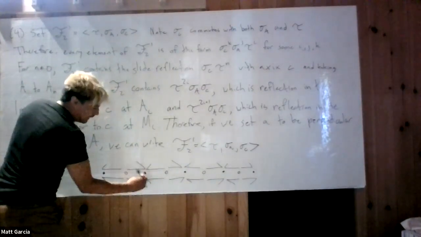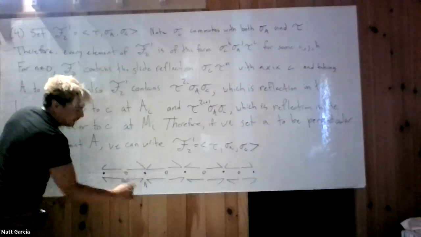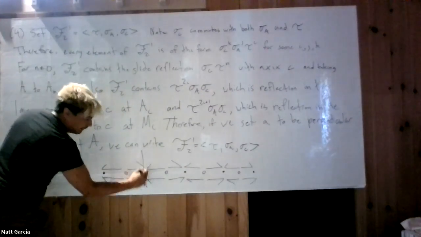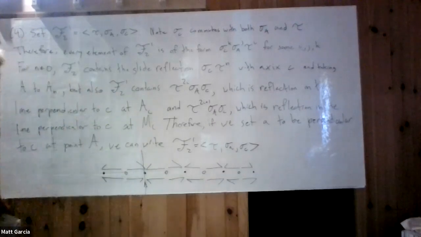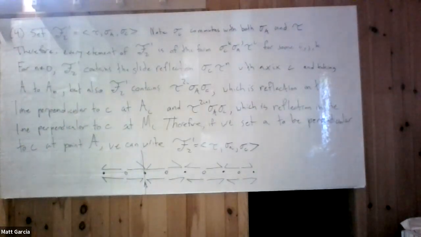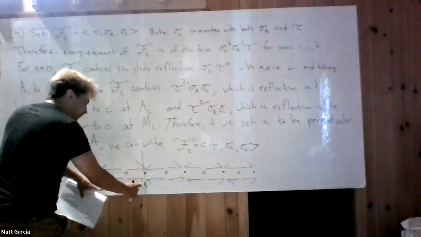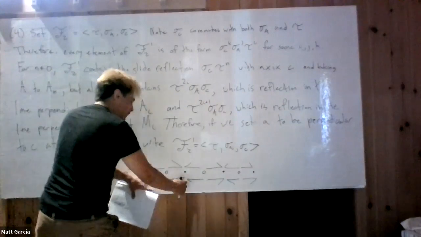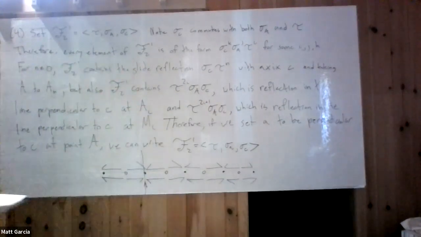Then obviously I have reflectional symmetry about the line that comes through. And of course, I just shift this by tau, right?